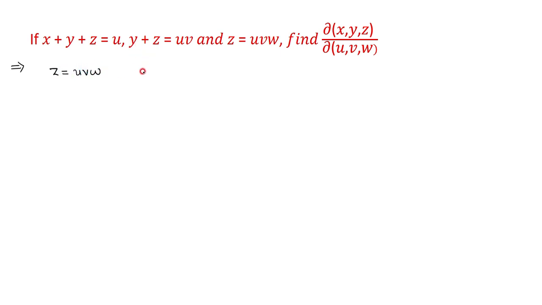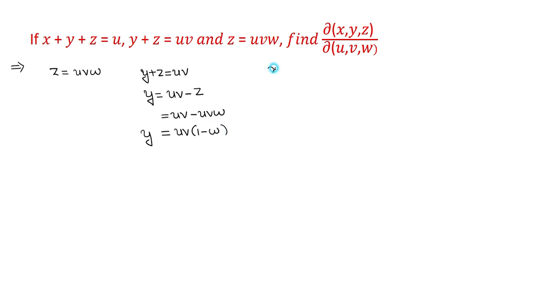The y plus z is equal to uv, so y we can write as uv minus z, and the value of z is uvw.